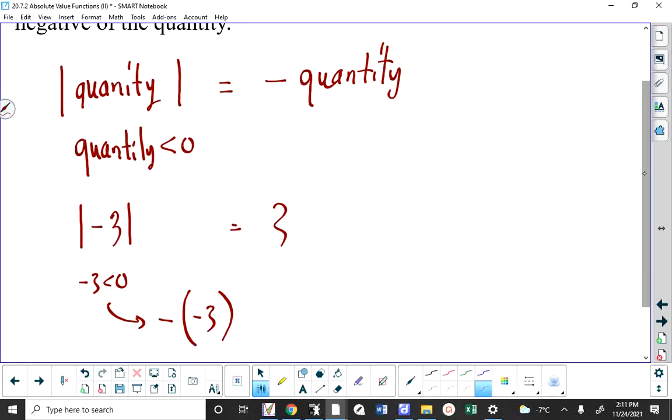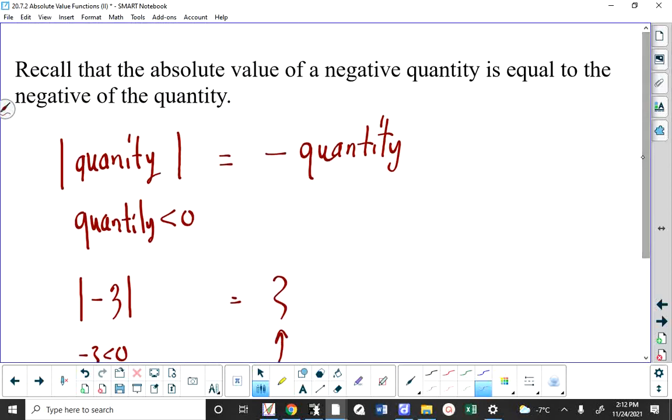Another way of putting this, everybody, is to say that if you're taking the absolute value of something which is negative, you have to take that thing that's negative and multiply it by negative 1 to make it positive. That's what the very first statement at the top of your screen is saying.